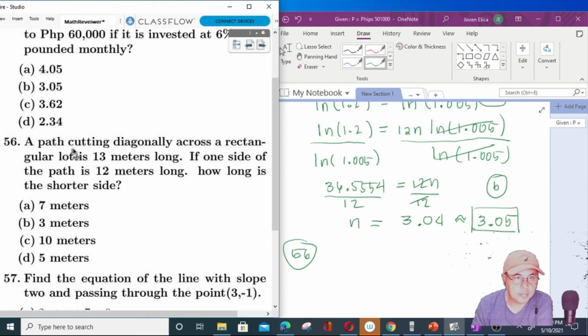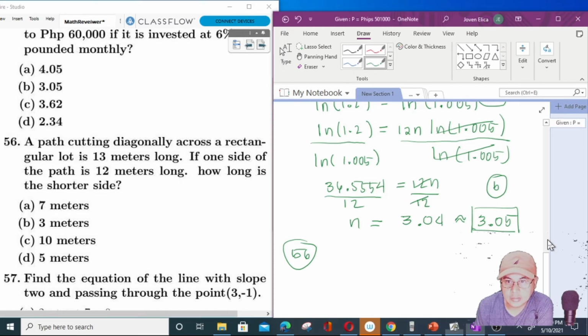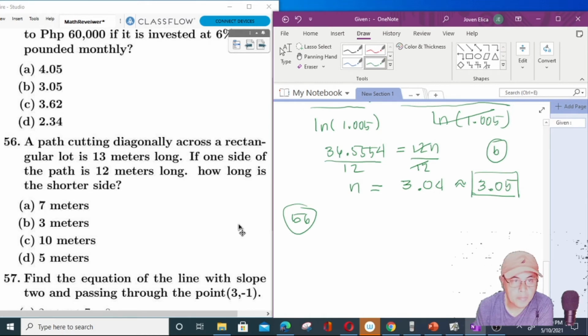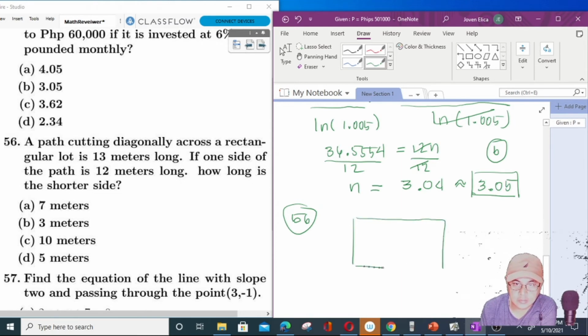Number 56, a path cutting diagonally across a rectangular lot. So if we have a rectangular lot, this one, and there's a path cutting diagonally across a rectangular lot that is 13 meters long.